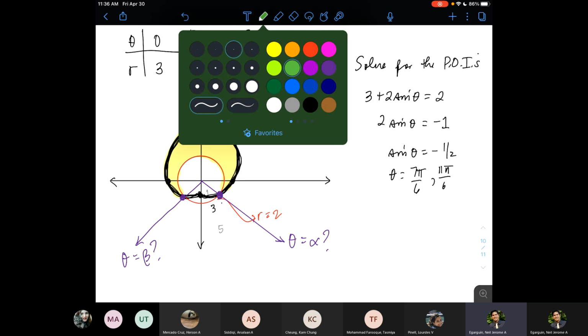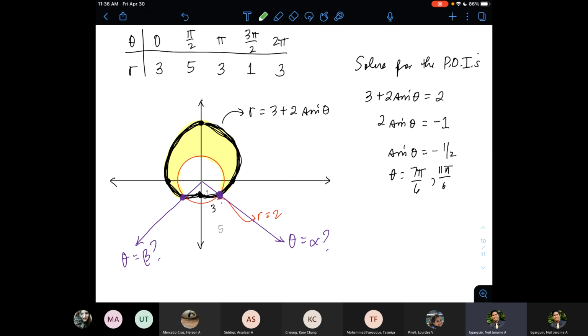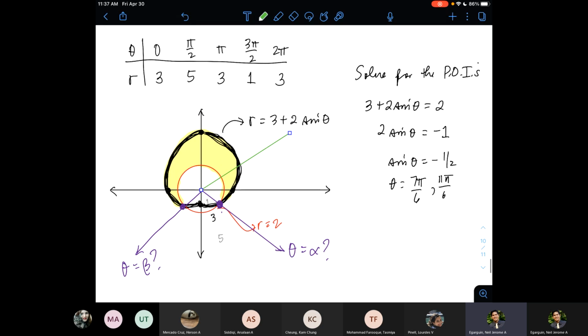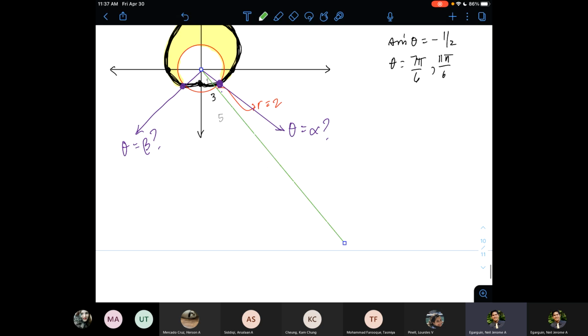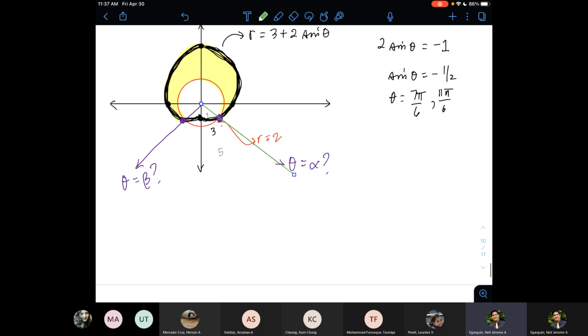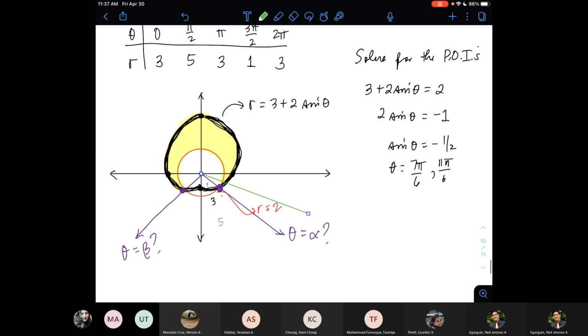So you draw a ray that will pass through the region, and imagine this to be traveling like the hand of a clock, but in the counterclockwise direction. So the integration can start here, and then you rotate counterclockwise, and will end here, right?